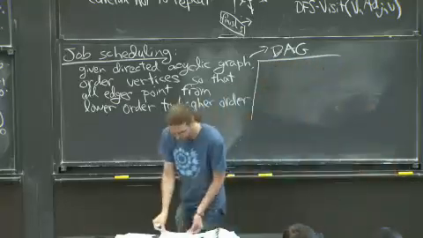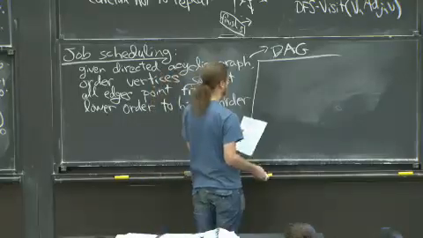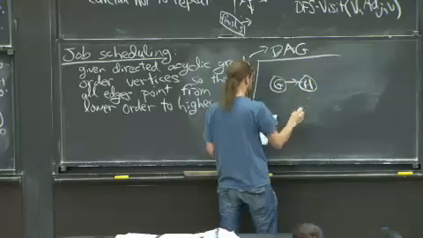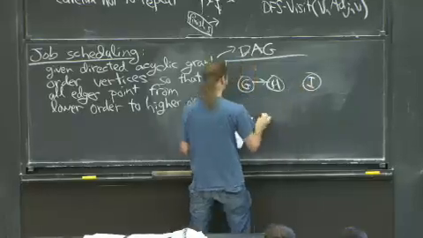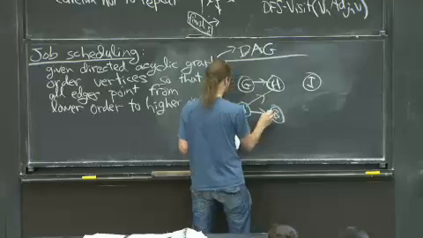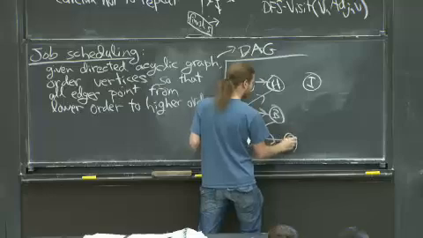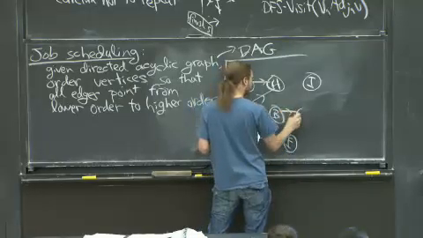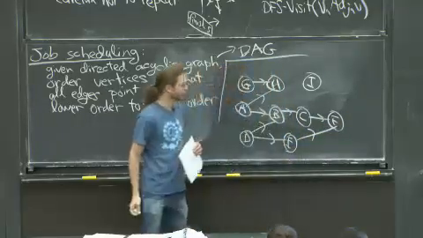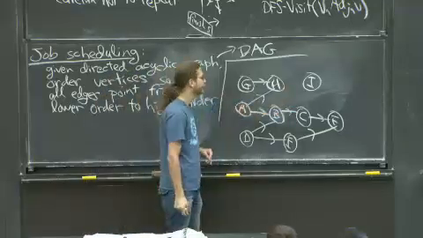And maybe I'll draw one for kicks. Big graph. OK, I've drawn the graph so all the edges go left to right, so you can see that there's no cycles here.